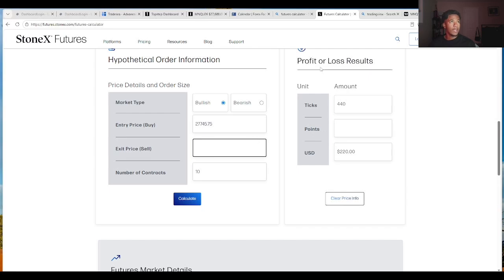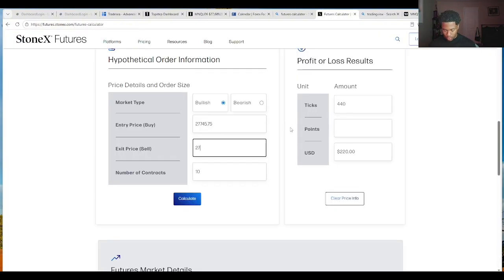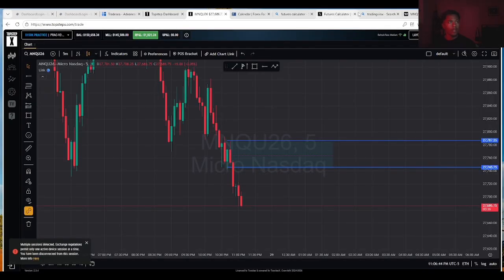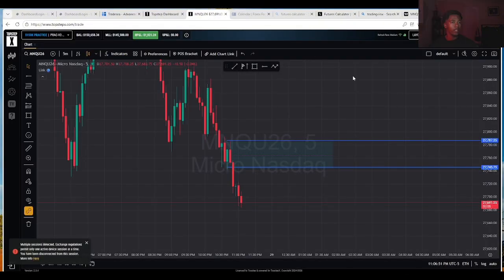And then my exit price, which will be my stop loss, I need to put that in as well, which is 27,787.25.